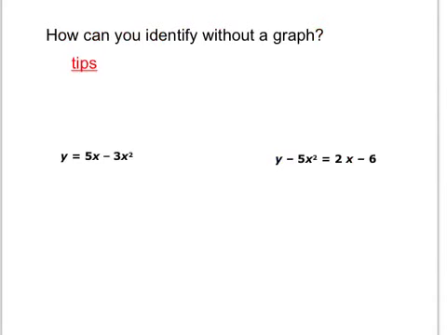Now, when we're not given a graph and I ask whether this opens upward or downward, you should be able to tell me. One of the first things we need to do is use our algebra to put an equation into standard form.